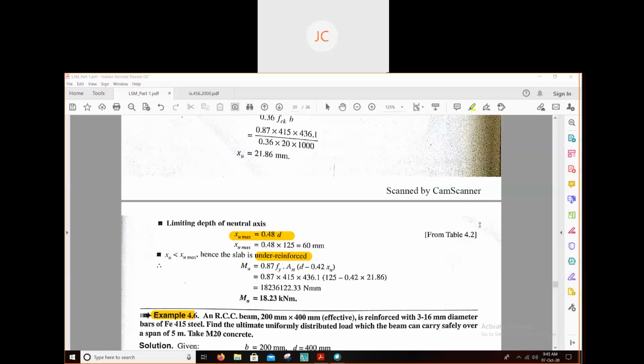And if it is a cantilever beam, it will be specifically mentioned in the question. Otherwise, you have to assume that it is a simply supported beam.